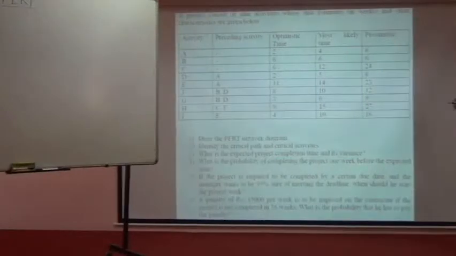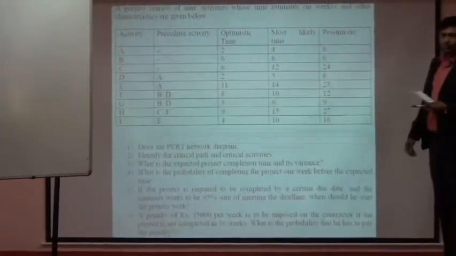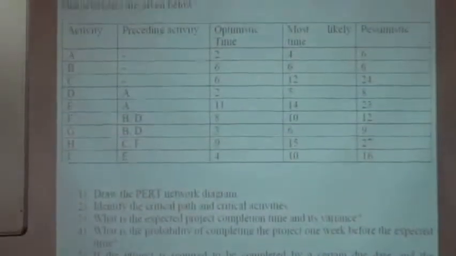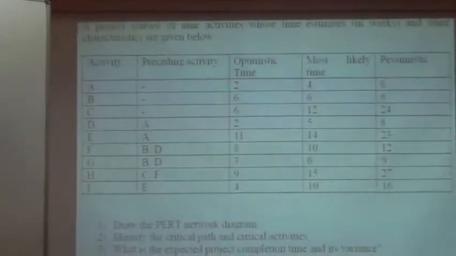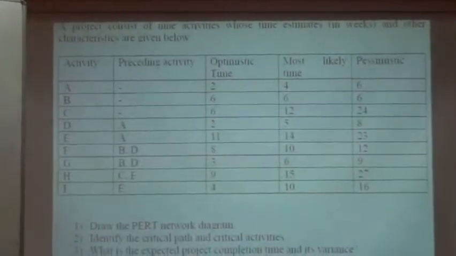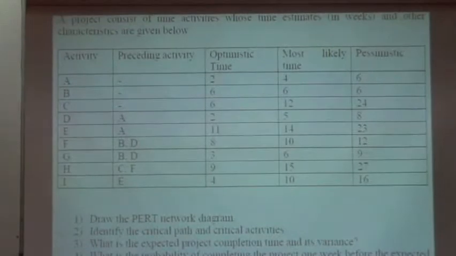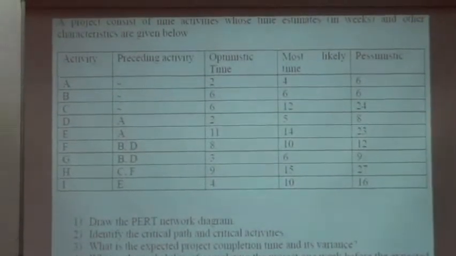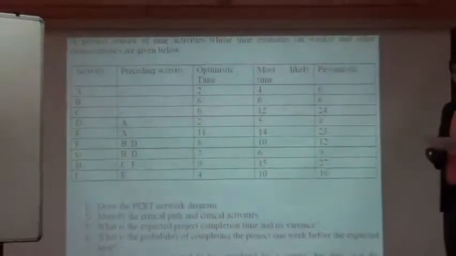In the example, if you see the table, there are different activities to be performed, and those activities are in the first column, A, B, C up to I. The second column is the precedence activity. Precedence means that before a particular activity, if there are any other activities to be performed, that logic is given in the precedence column.